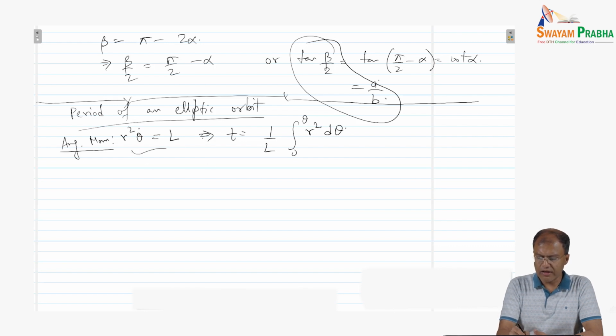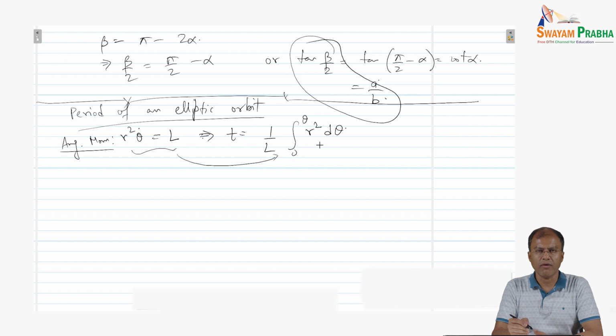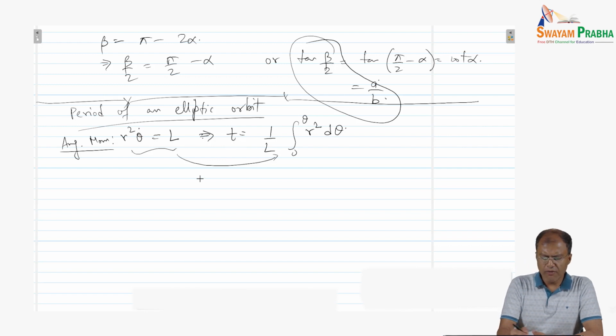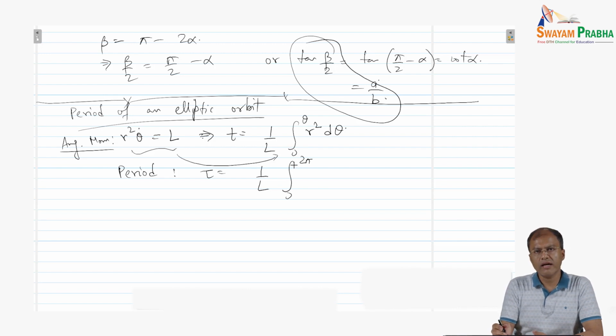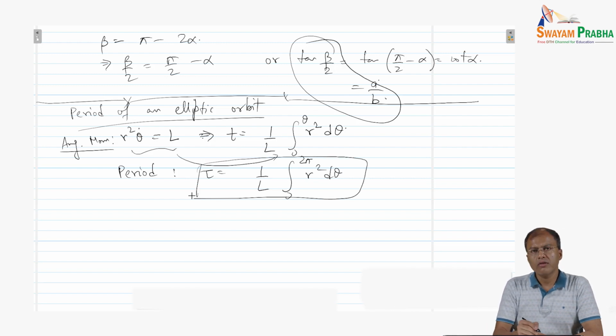I have integrated this angular momentum equation, and that is what we have found. Now, this is the equation for the time taken by the planet to move along the orbit. And if you want to find the period, tau will be the time taken for theta equal to 2 pi. That is when we have a complete revolution. So I replace theta by 2 pi, and that will give me the period of the orbit of the planet.